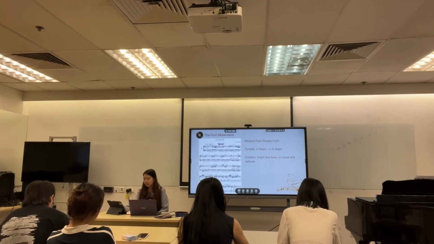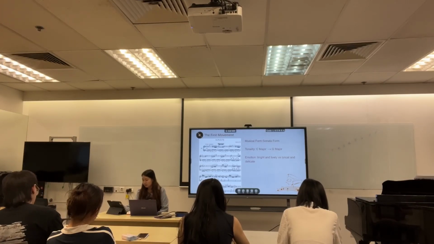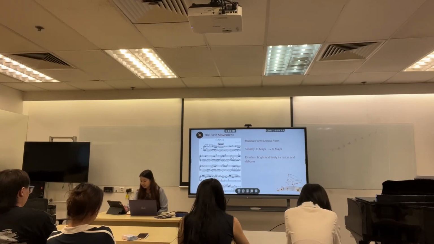This change in tonality creates contrast between liveliness and gentleness. In the development, Mozart frequently uses modulation and dissonant chords, creating tension and expectation, as if hidden complexity lies beneath the surface.